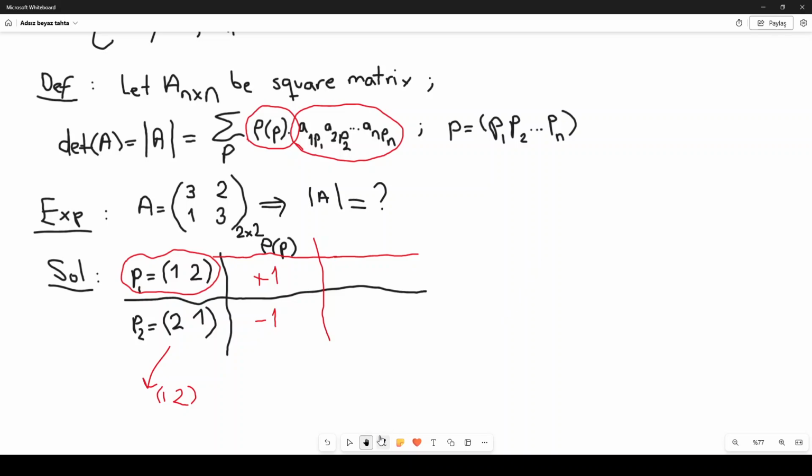So let's write that. Let's apply the formula for A1, P1. So we have P1 and P2, right? For the first permutation, what is the value of P1?